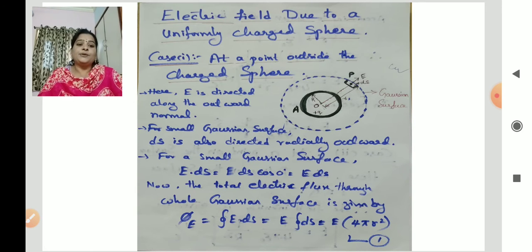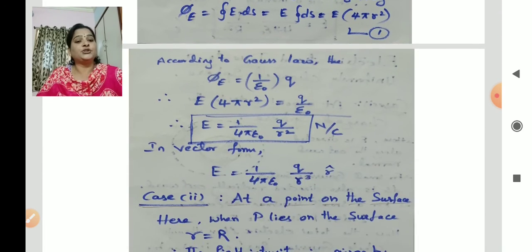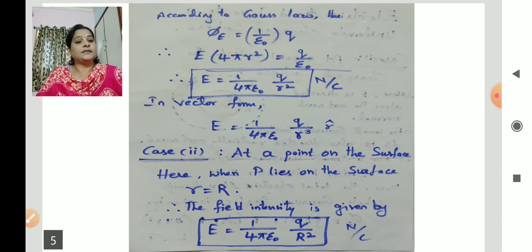So E into the surface area of the sphere, which is 4 pi r square. So the total electric flux through the entire Gaussian surface is given by E into 4 pi r square, shown with equation number 1.